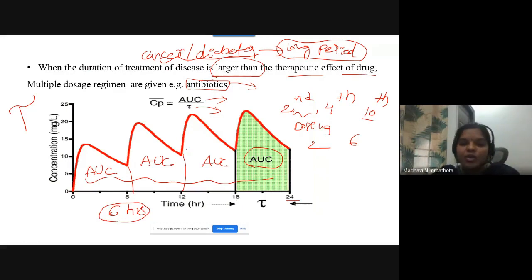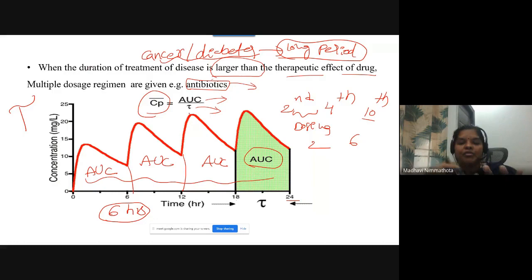So then you get the multiple dosage regimen for a particular antibiotic, which is used to treat your disease over a longer period. For that reason, we need to administer our drug repeatedly, that is, repetitive dosage administration.